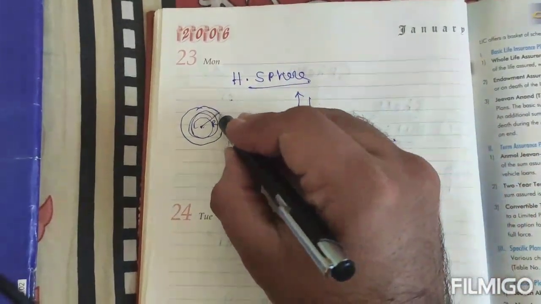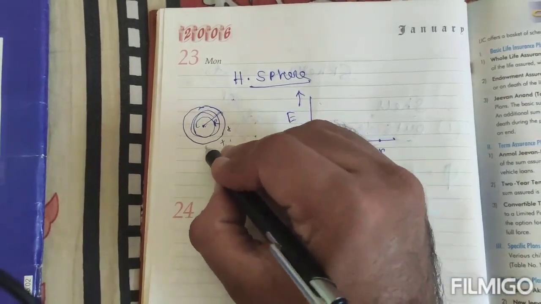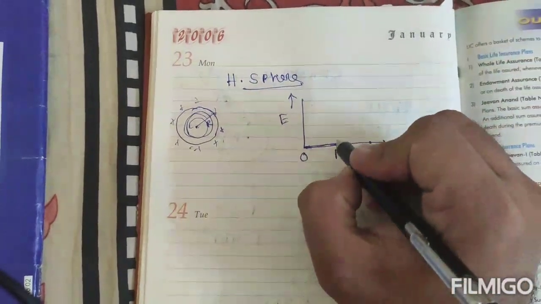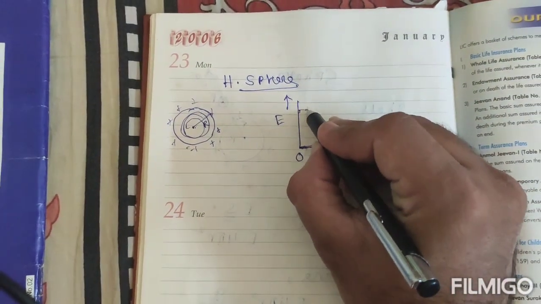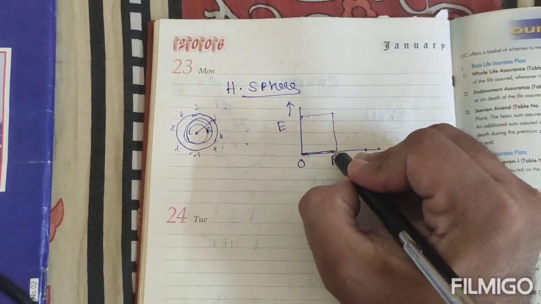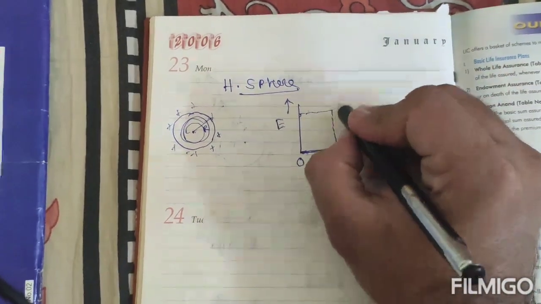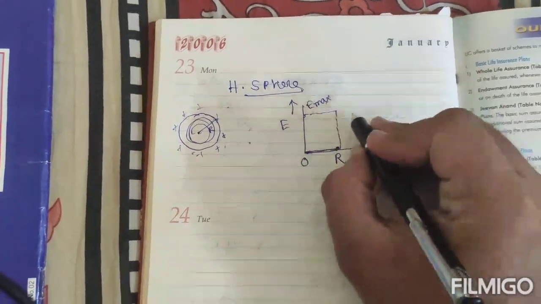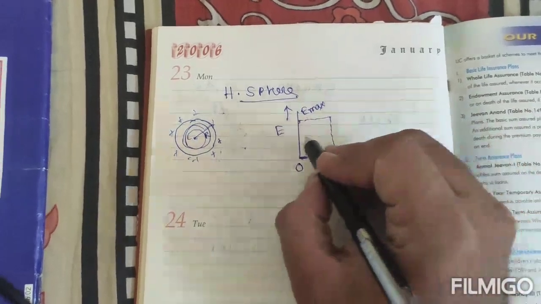After that, at this point R, charges are present on the surface. So you will get the maximum value of E, the electric field maximum.